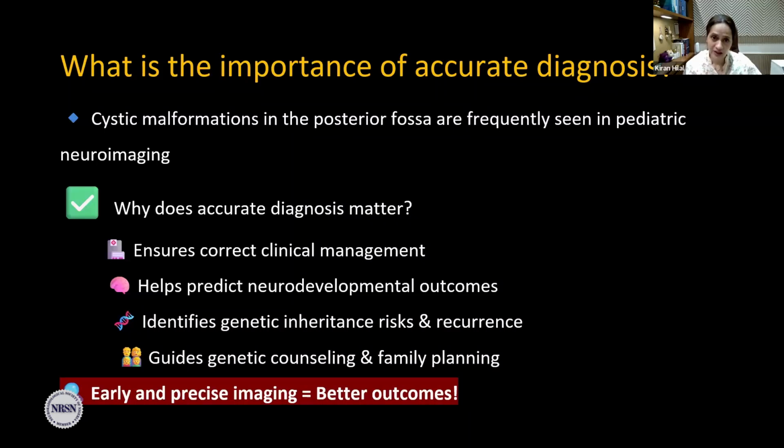And it helps our geneticists identify the correct genetic inheritance, predict the risk of recurrence, and guide genetic counseling and family planning, especially for couples who have children with a large posterior cranial fossa cyst. The most important thing to remember is that early and precise imaging is the key to a better outcome for these children.